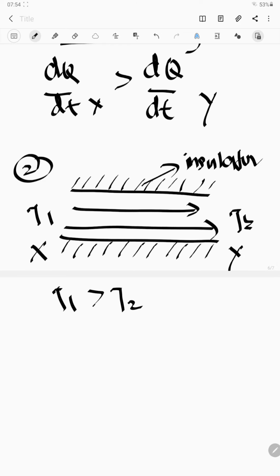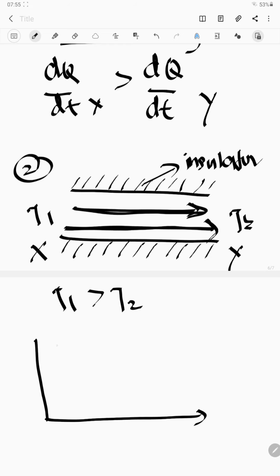Okay, untuk yang ada insulator ni, what happen? Temperature gradient dia akan jadi constant. Bila completely covered with a good insulator, there will be no heat loss to the surrounding. Makanya heat transfer tu dia akan lalu dalam metal bar ini sahaja ataupun material tersebut.